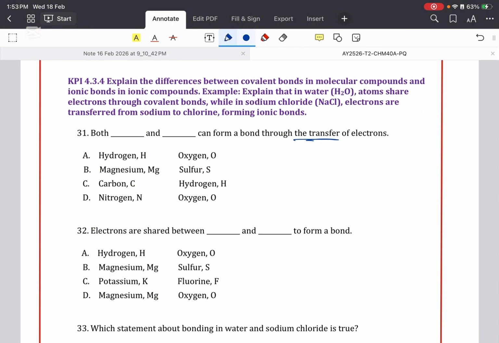So I need to choose the two atoms that give me an ionic compound. So I need to choose a metal and a non-metal. So I'm going to choose magnesium and sulfur. Electrons are shared between.